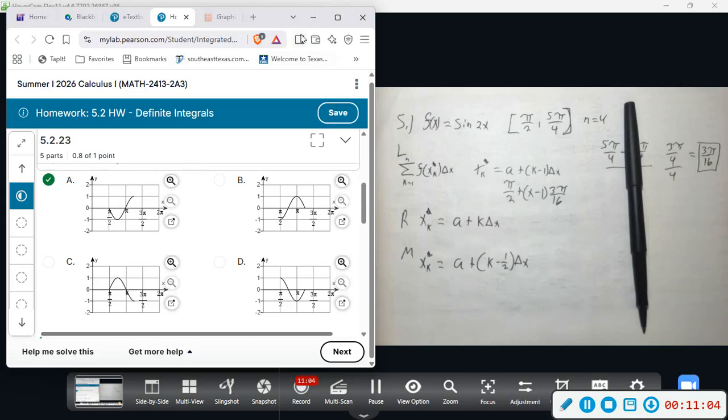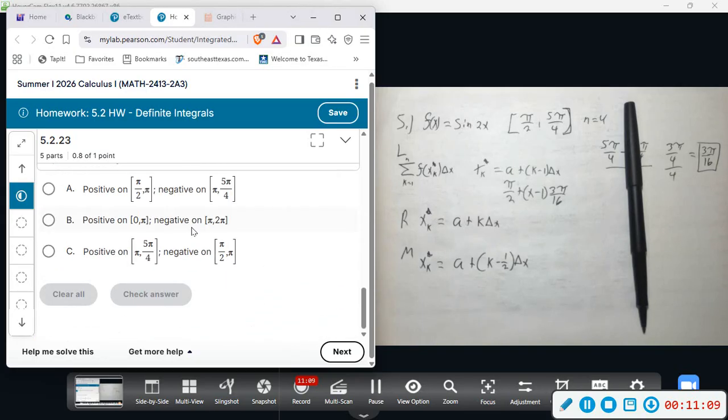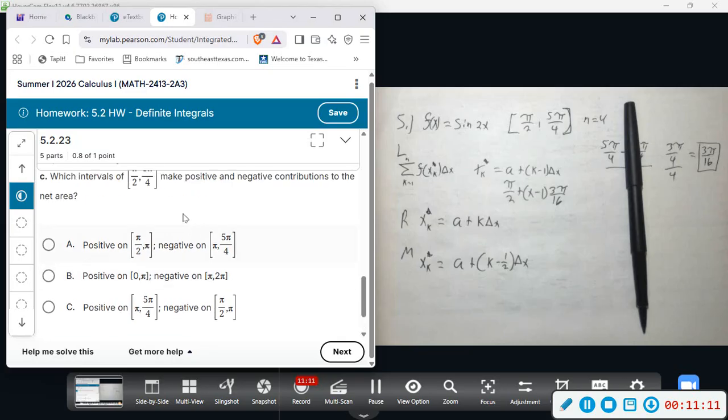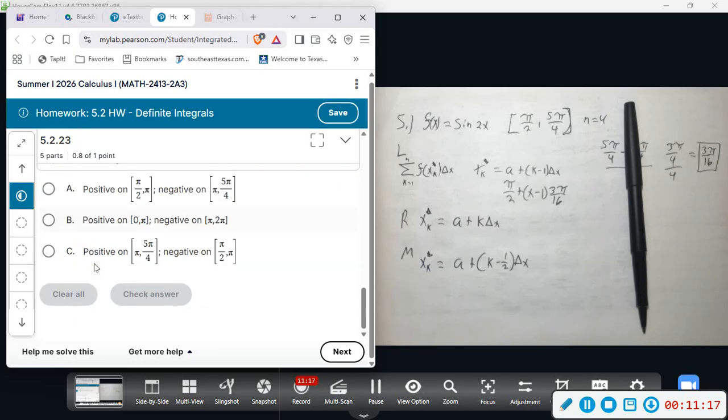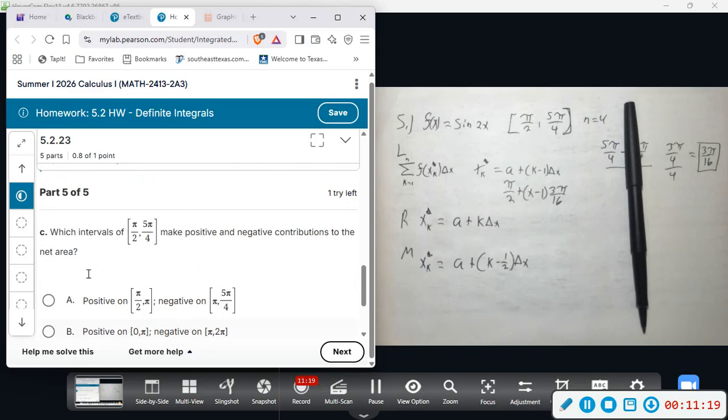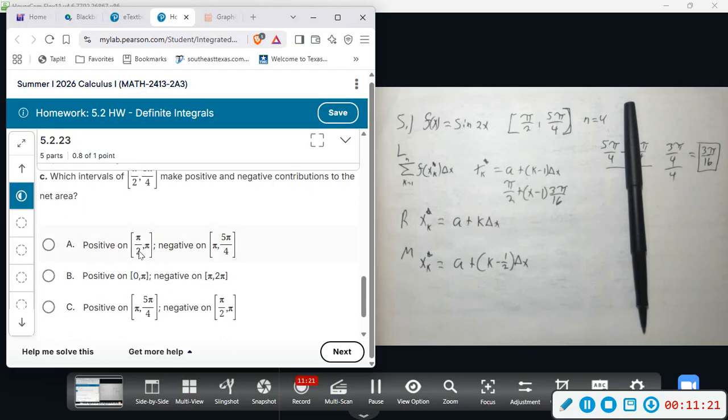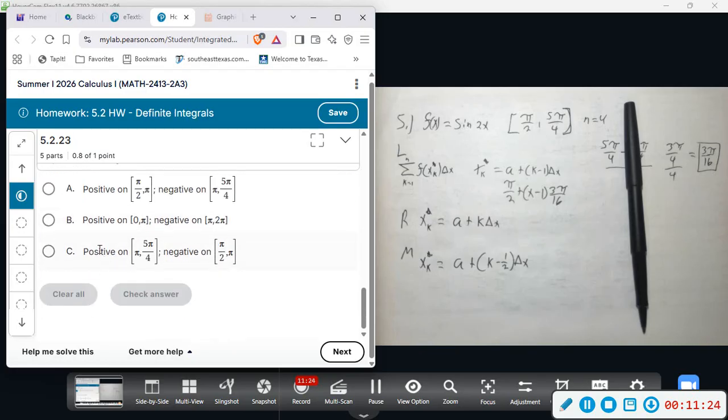So based on that image, we can determine what part is positive and negative. So from pi half to pi should be negative. It says pi half to pi positive. Oh, positive from pi to 5 pi over 4, so that looks good, and then negative on pi half to pi. So that's what we noticed from our visual.